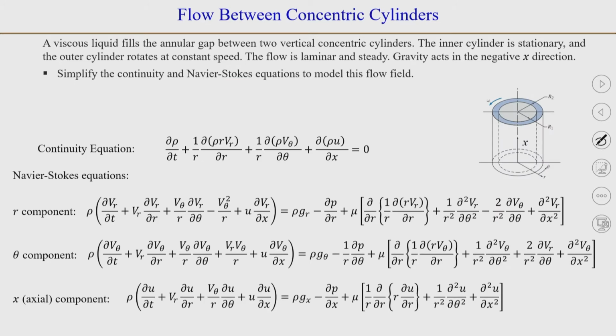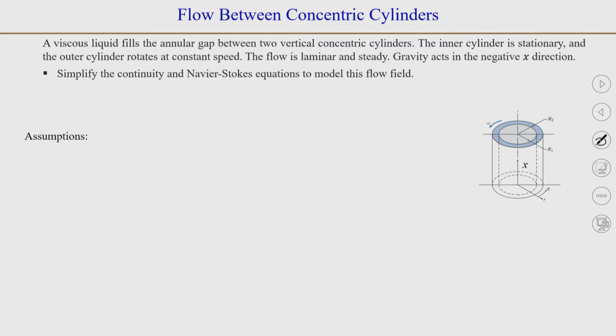Okay. So, we can start by writing down the mass and momentum conservation equations in the cylindrical coordinate system, and then let us write down the assumptions. The first assumption is that the flow is steady. Of course, we will also assume that the flow is laminar.